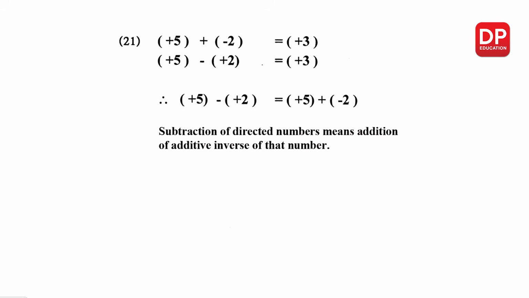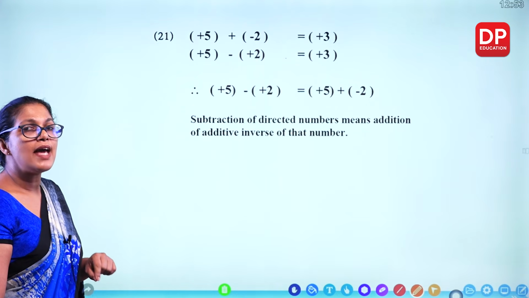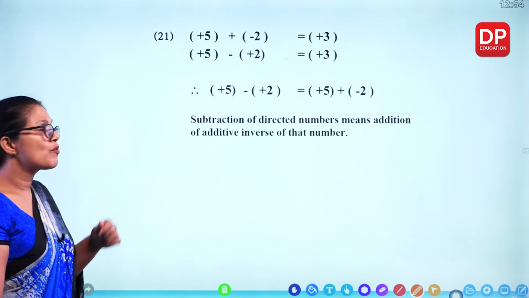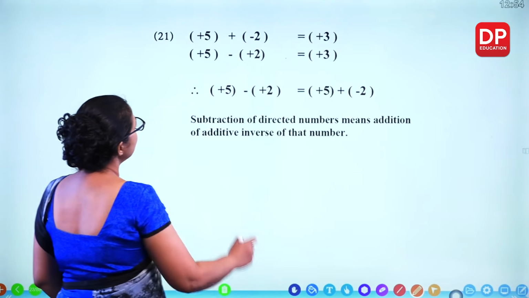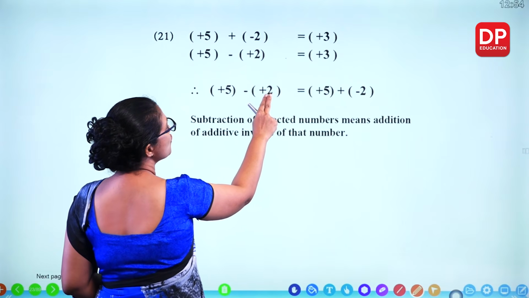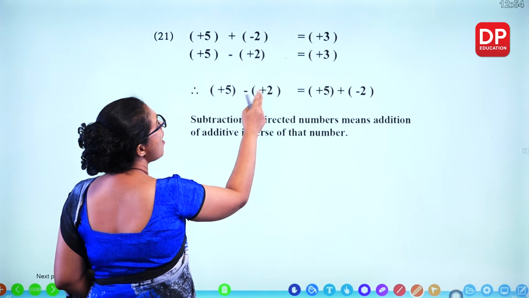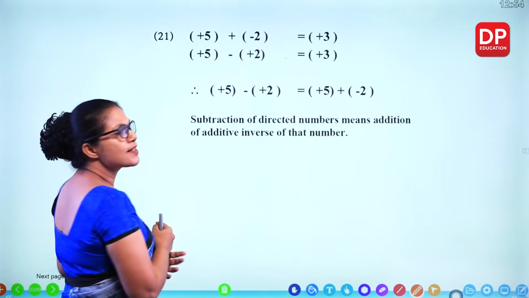Now, when you have two directed numbers to subtract, what can you do? You can add the additive inverse and change the question. For example, if the question is plus 5 minus plus 2, that means you can add the additive inverse of plus 2.